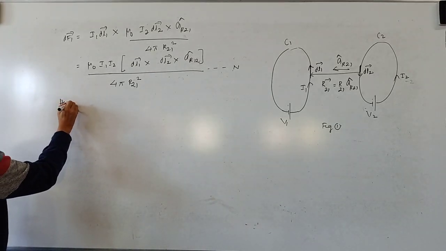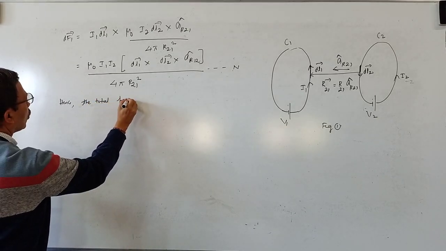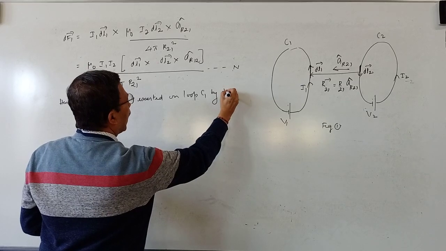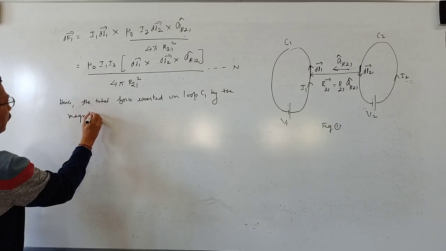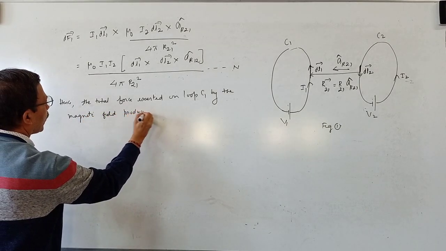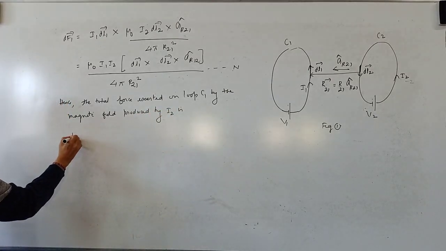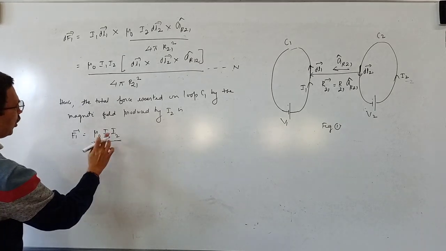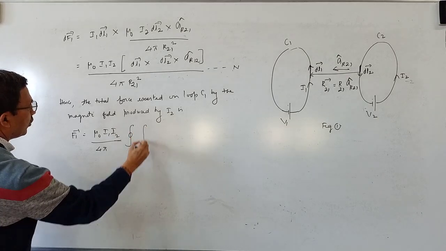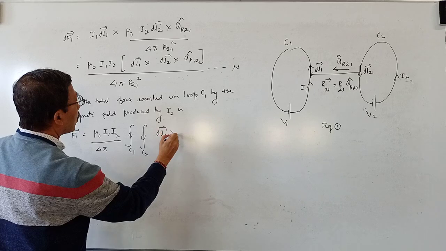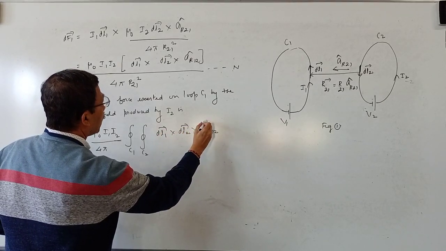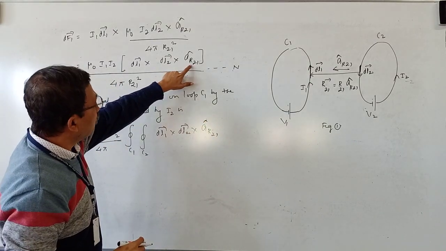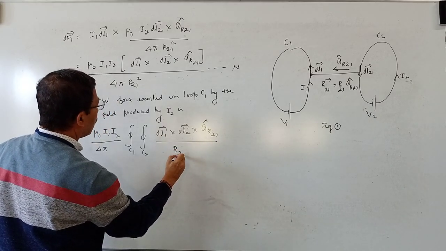Hence, the total force exerted on loop C1 by the magnetic field produced by I2 is vector F1 equals mu naught I1 I2 divided by 4 pi contour integral C1 contour integral C2 vector dl1 cross vector dl2 cross unit vector er21 cap, please make this correction, er21 cap divided by r21 square.